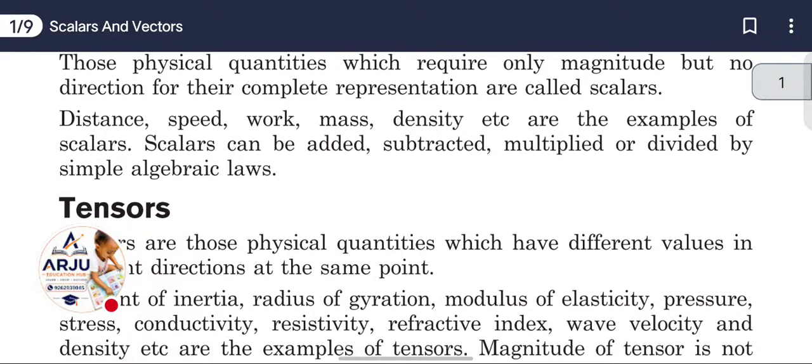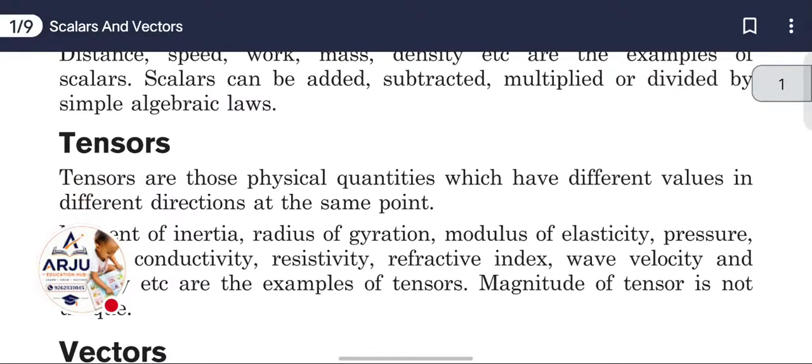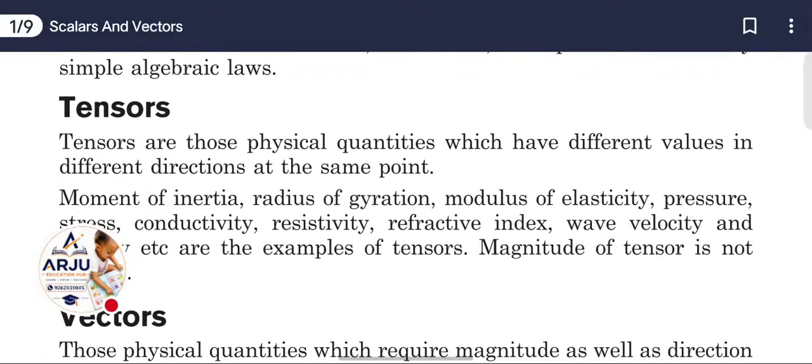Next topic which we have is tensor. Tensors are those physical quantities which have different values in different directions at the same point. So whatever the physical quantities are here, they have different values as well as different directions, meaning the magnitude is different as well as the direction at the same point.